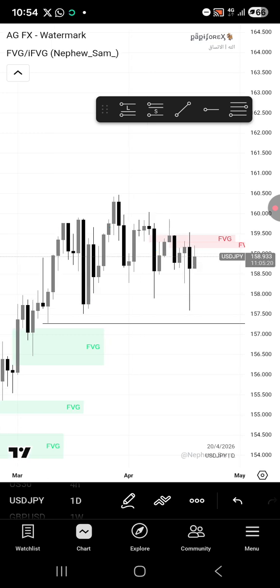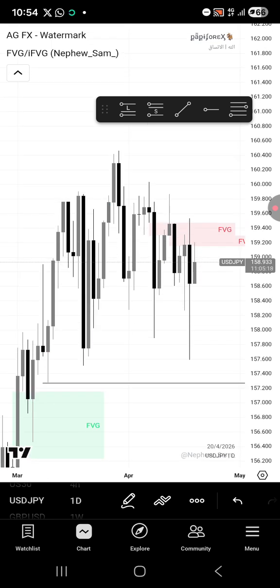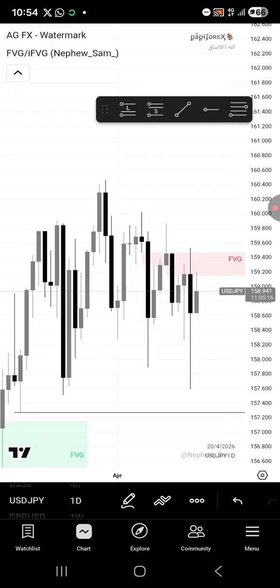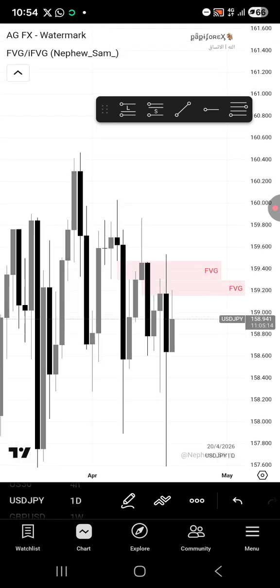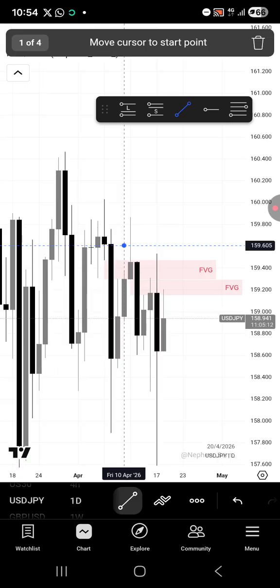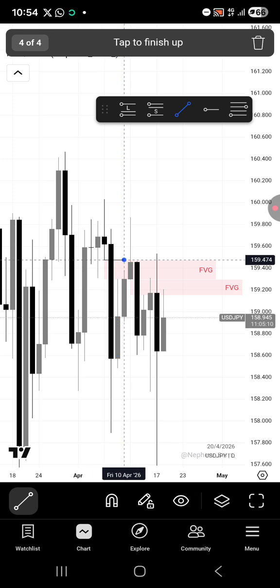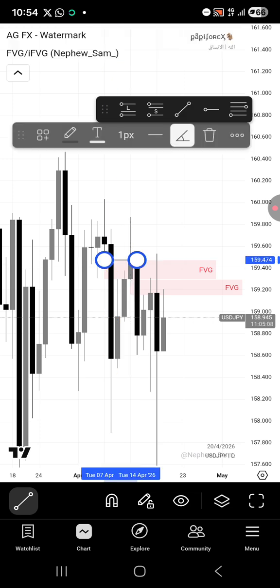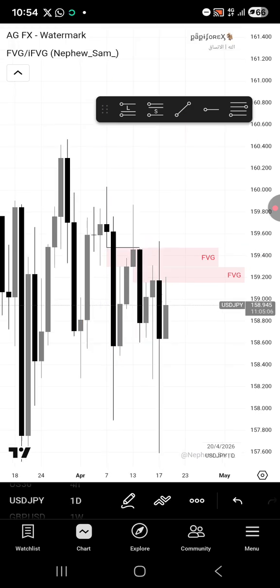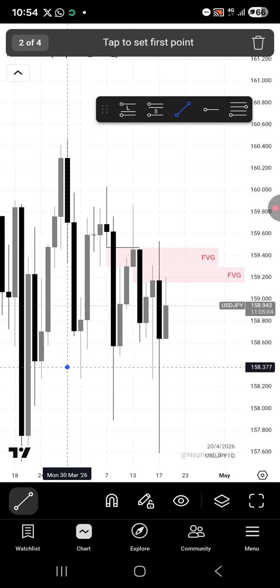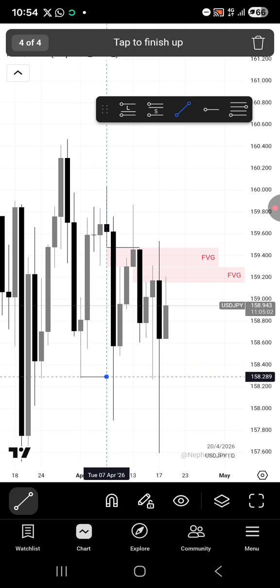For my daily time frame, what did price do here? Price reacted on this fair value gap and swept this area.